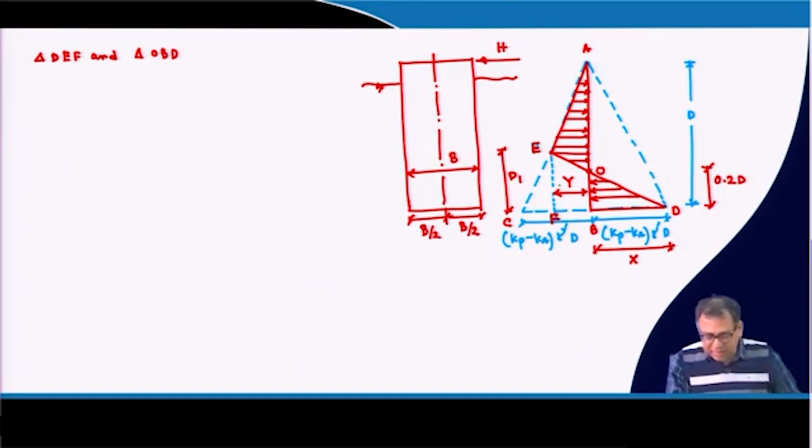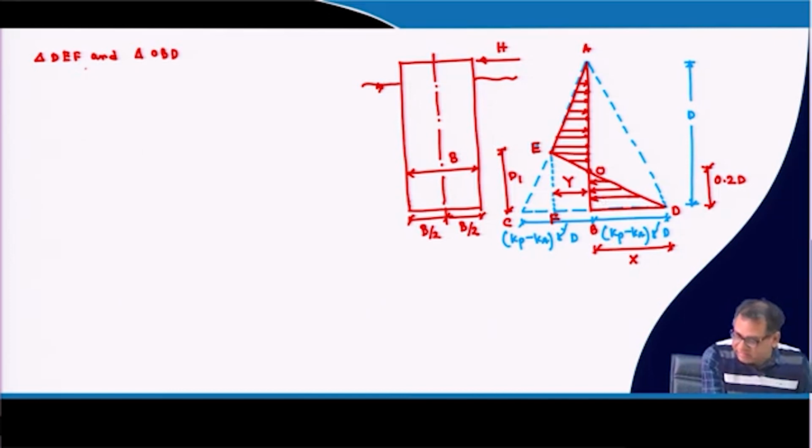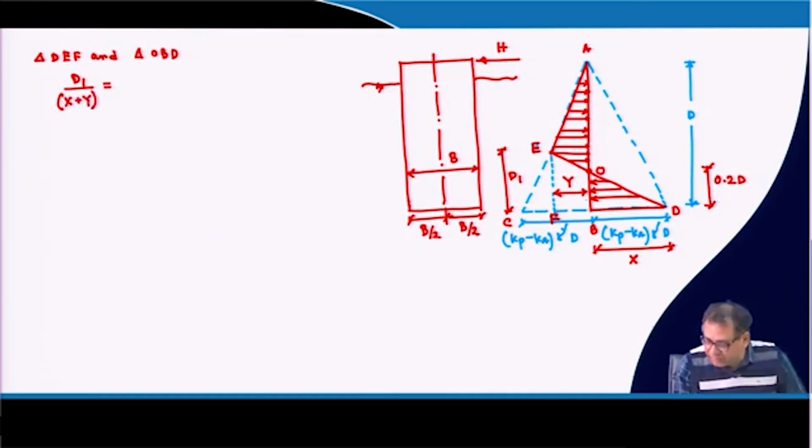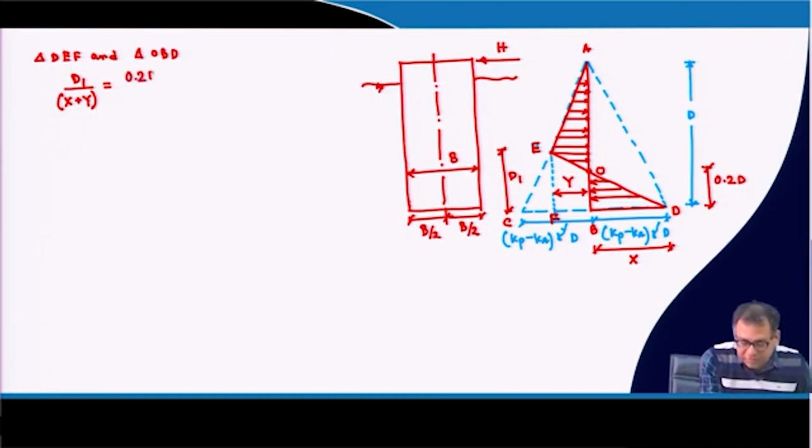From the similar triangles I can write D1 divided by (x plus y) equals 0.2 d divided by x.